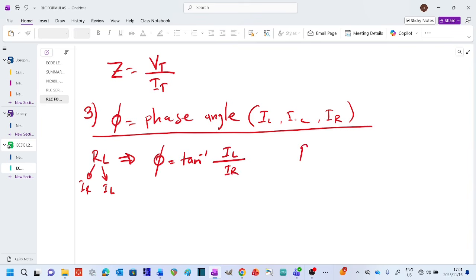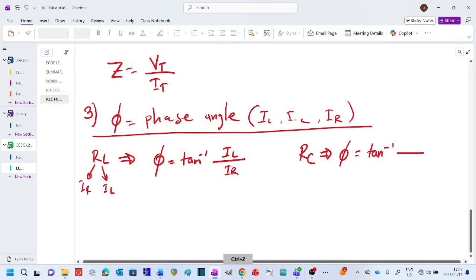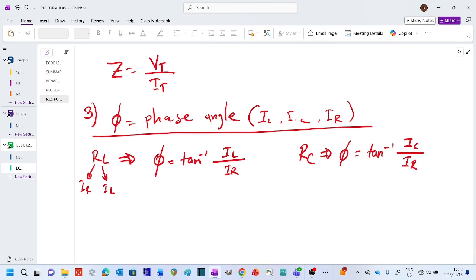If you have to calculate it in an RC circuit, your phase angle is going to be equal to tan to the power negative 1 multiplied by IC over IR. Your R is always the denominator. So you have determined your IR, you have determined your IC, and then you plug them in the formula there.